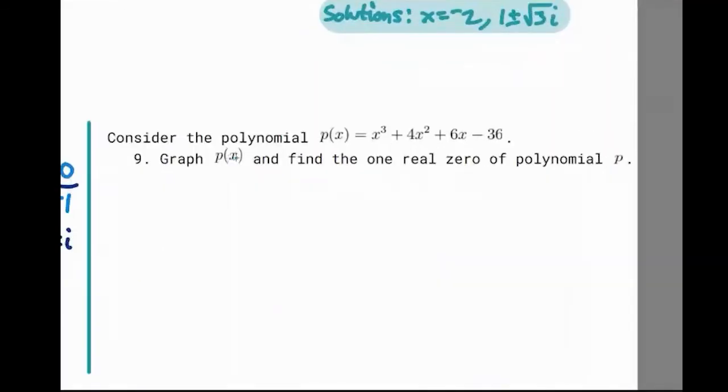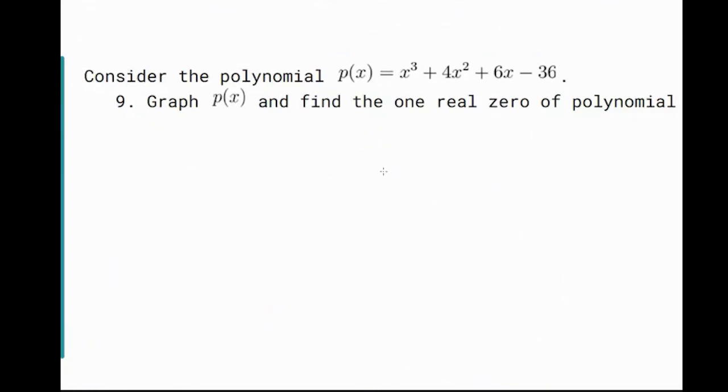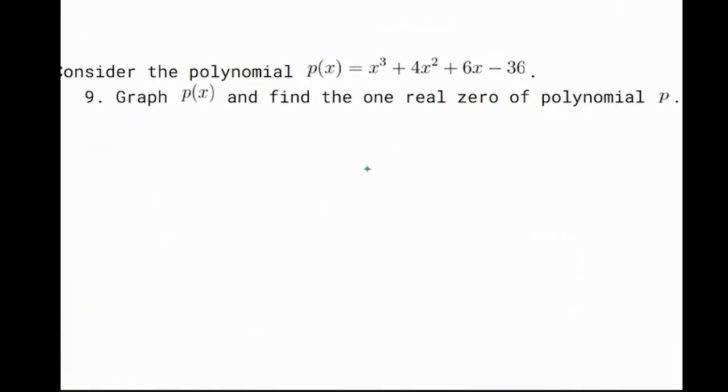All right, so let's consider the polynomial p of x is x to the third plus 4x squared plus 6x minus 36. And we need to graph p of x and find one real zero of the polynomial. Okay, so that's what I'm going to do really quick to find what that real zero of p is.